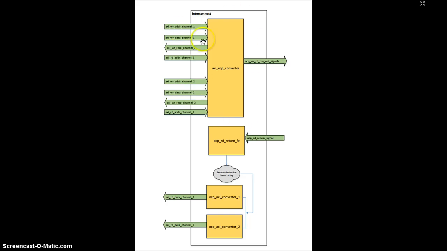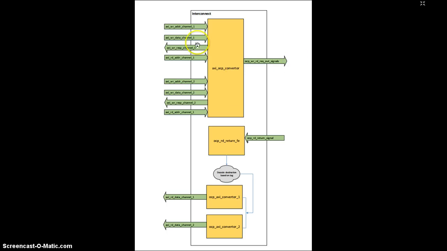Different write requests and read requests will come into this AXI to OCP converter module, and it will handle all the requests, store them internally if needed, and these requests will be routed to the OCP channels.